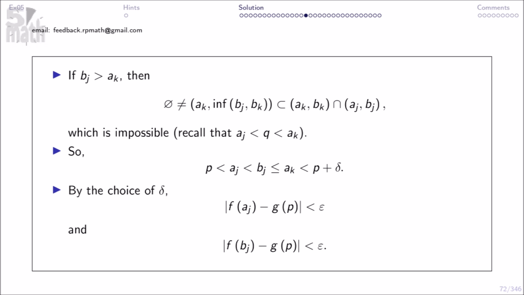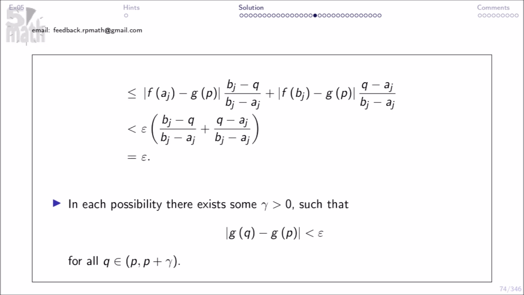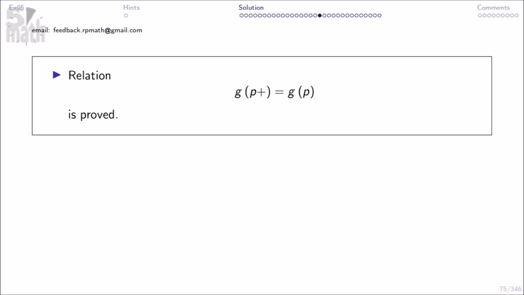By choice of delta, this and that. By construction, g(q) equals this. Consequently, we have the following. And continuing, in each possibility, there exists some gamma greater than 0 such that this, for all q in (p, p + gamma). Relation g(p+) equals g(p) is proved.